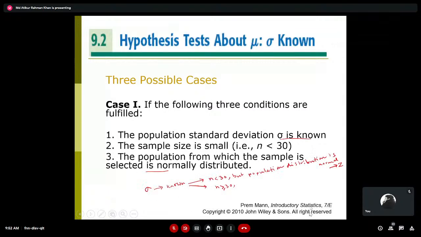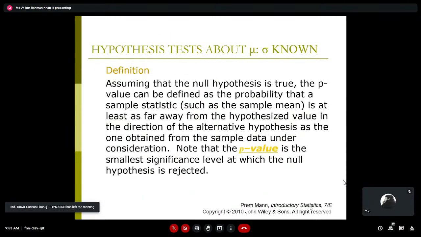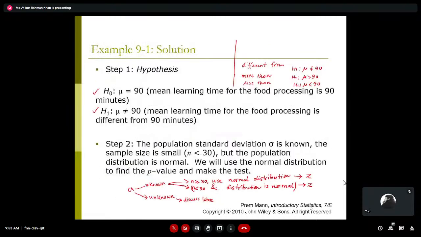In that case, we can straightforwardly use the normal distribution and calculate the Z statistic. Essentially, case 1 and case 2 are drawn here.